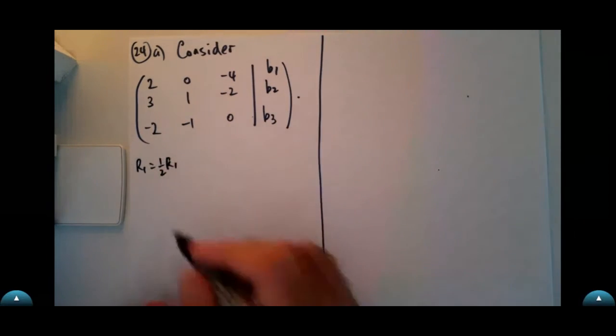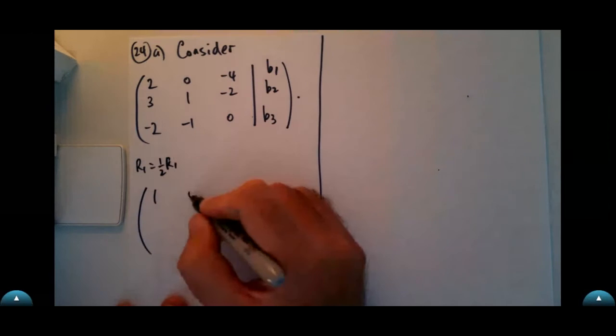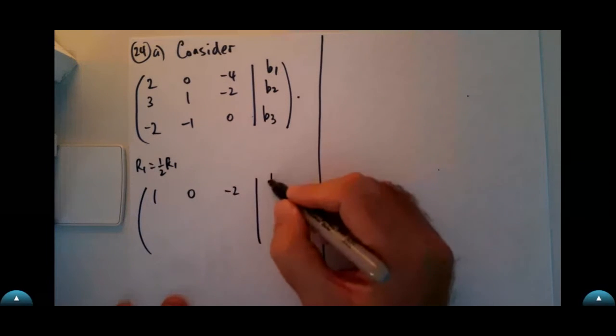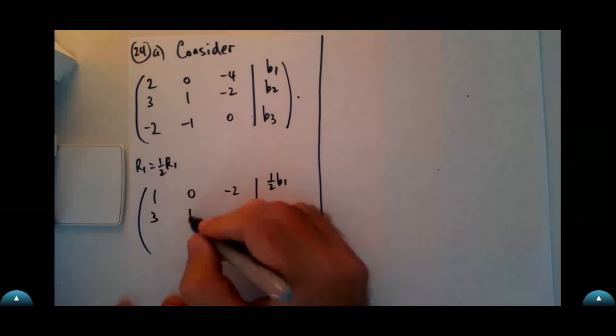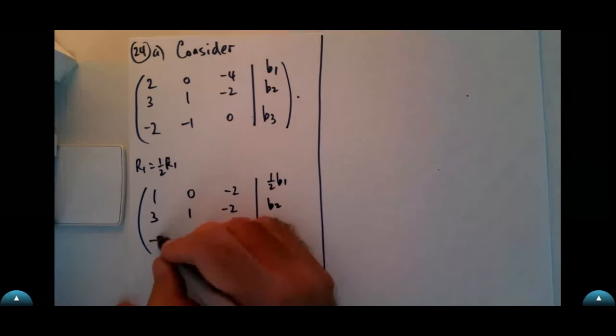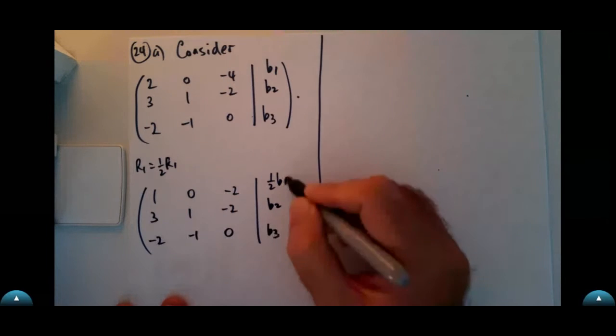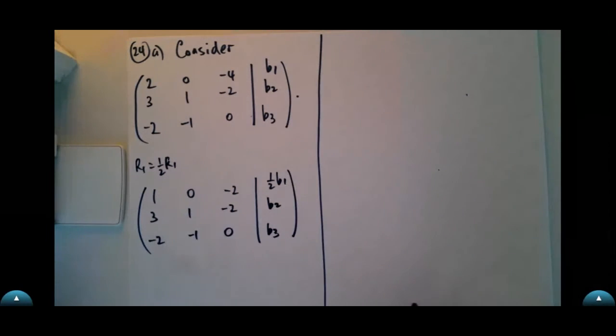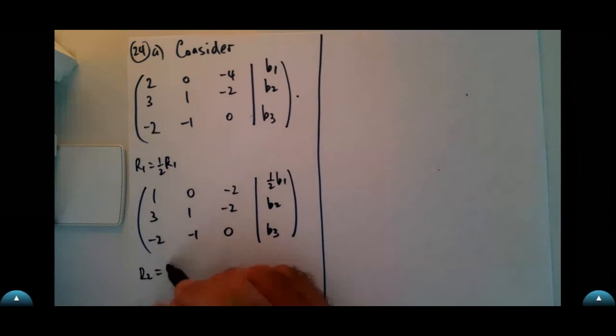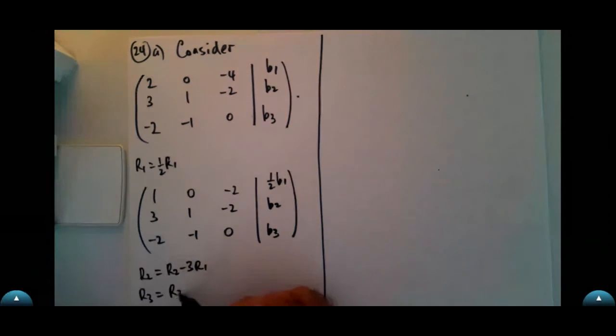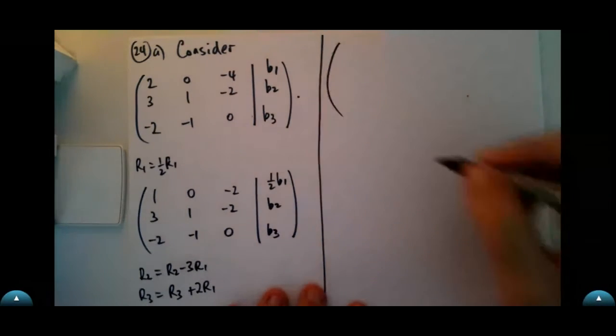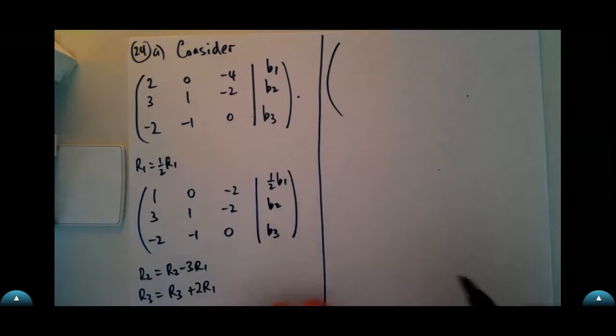What I would do again with this one is simplify the first row. Some of these are similar kinds of operations. And what I would do now is the same as before. Row 2 becomes row 2 minus 3 row 1, and row 3 becomes row 3 plus 2 row 1. So we're going to get a similar sequence of steps here.